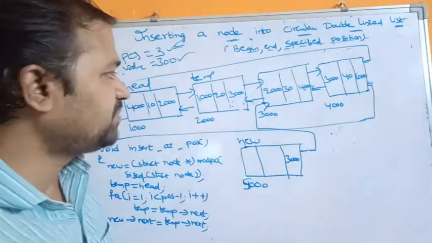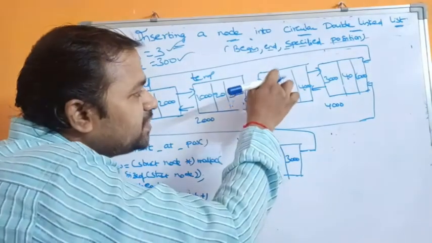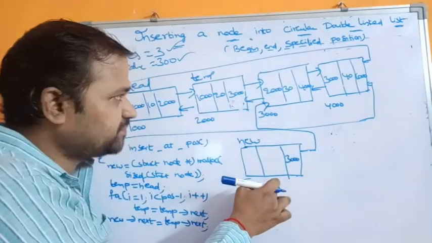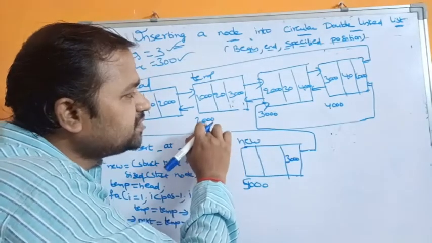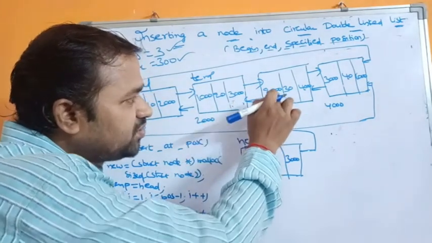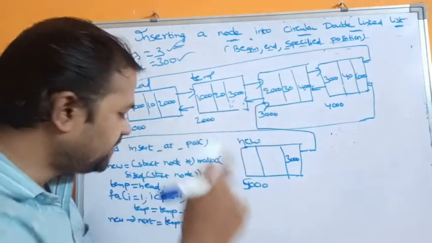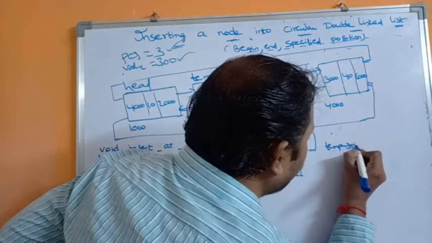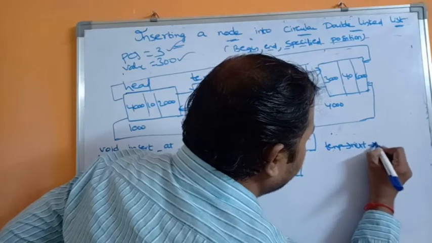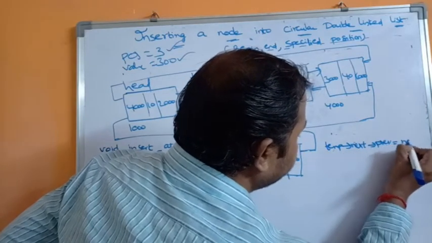So next what we have to do? Likewise here, before this node we have to store this node. So what is this field? This is nothing but temp means 2000. 2000 next means 3000. What is this field? This field is nothing but the previous field. So first I am writing the statement here: temp arrow next arrow pre is equal to new.